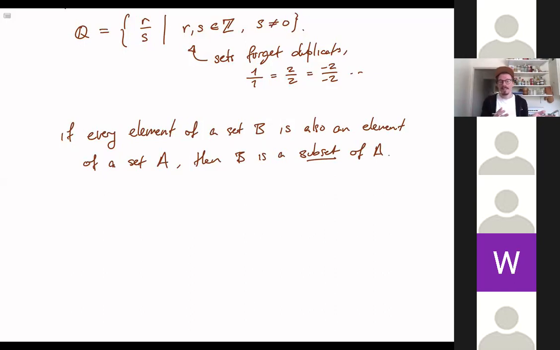All of the things in B are also in A. So B is inside of A.